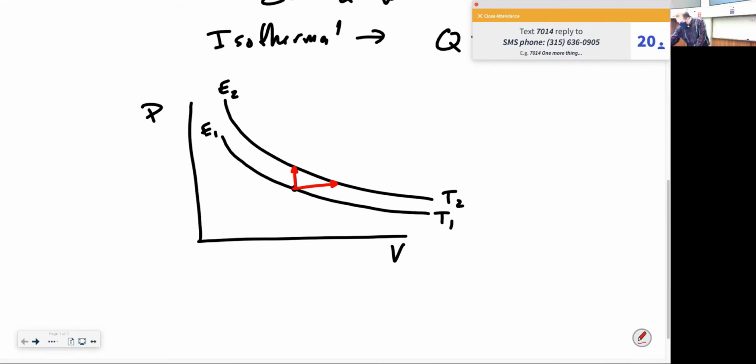You could imagine doing it at some other random, non-constant path. All of those tracks take a gas from an initial energy and temperature point to the same final temperature and energy point, with vastly different Q's and W's, vastly different P's and V's, right?